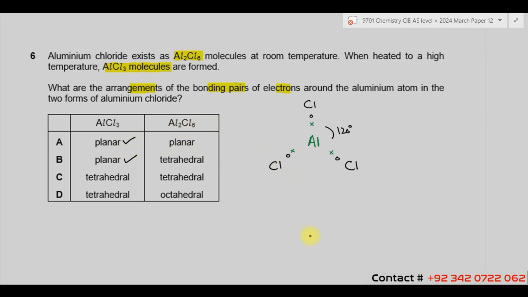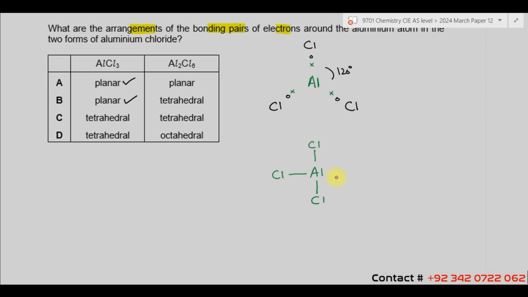Al2Cl6. In Al2Cl6, we have 2 AlCl3 joined together. Now this aluminum is electron deficient because it has 6 electrons in the outermost shell. So 1 electron pair is provided by this chlorine atom.